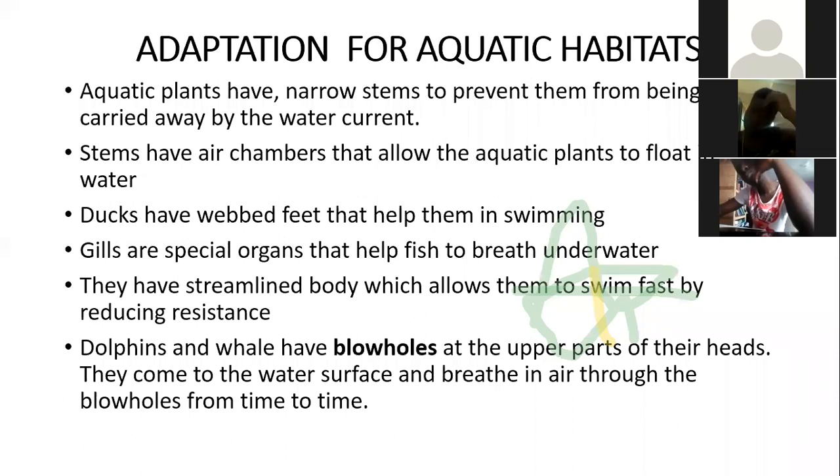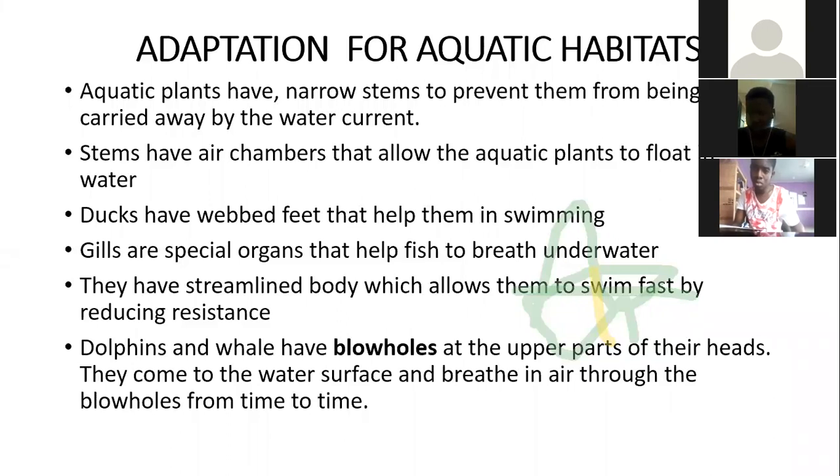The next one, you have dolphins and whales having blowholes at the upper part of their heads, which enable them to come to the surface of the water and breathe in air through the blowholes from time to time.